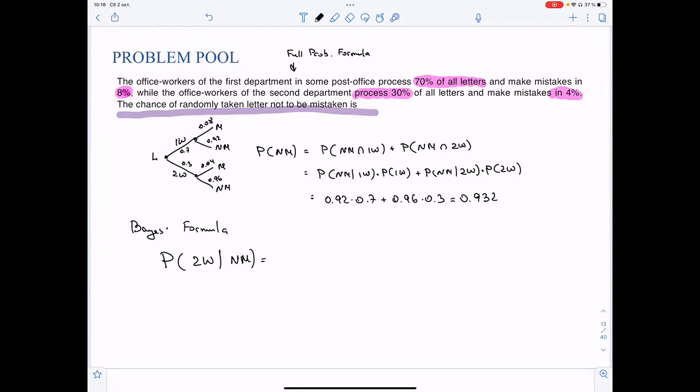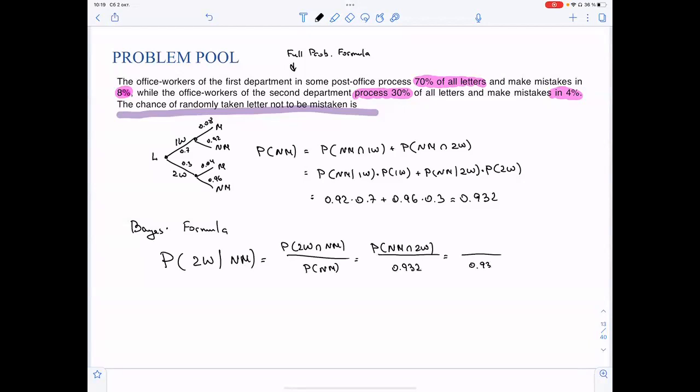So hopefully you recall that this conditional probability gives you a formula of the intersection of two events divided by the probability of the condition. And the probability of being processed by the second worker given there is no mistake is actually similar, or symmetric. And the probability of the condition we had already estimated, 0.932.